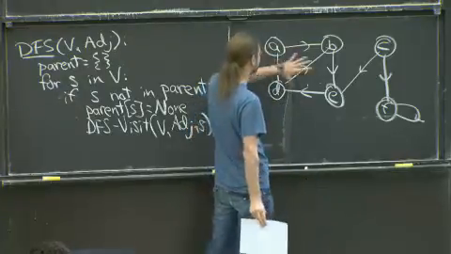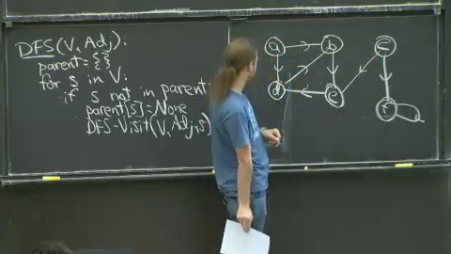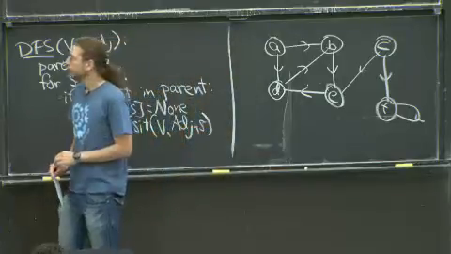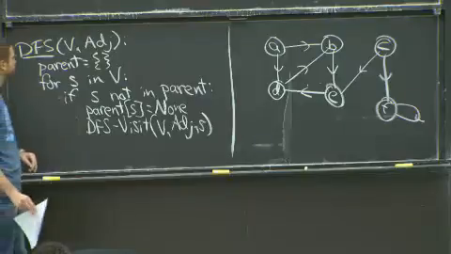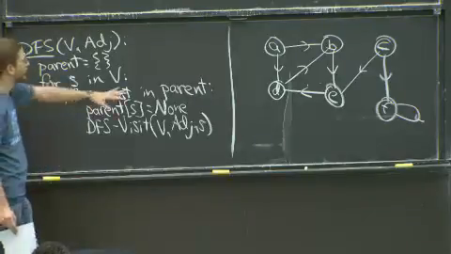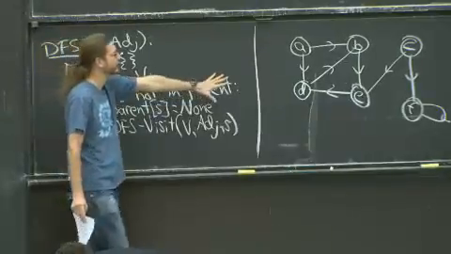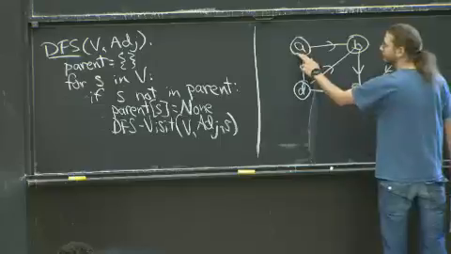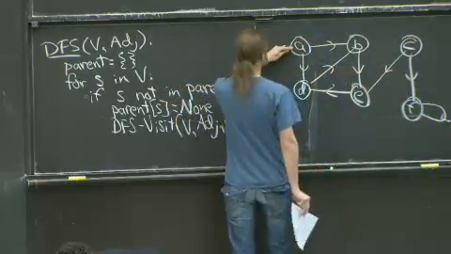No, so you can't get from these vertices to C. You can get from C to everywhere, it looks like, but it's not strongly connected. And we're going to run DFS, basically in alphabetical order. These vertices have to be ordered somehow. We don't really care how, but for sake of example, I care. So we're going to start with A. That's the first vertex in here. We're going to recursively visit everything reachable from A.